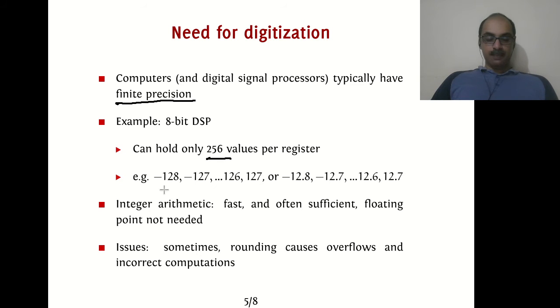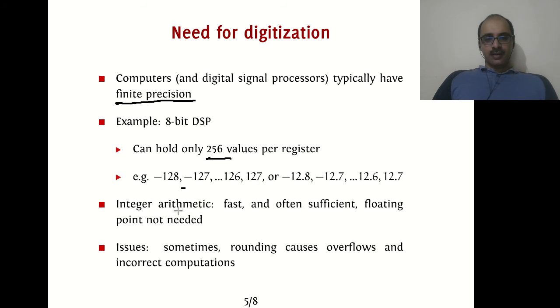So, for example, you can only store the values -128, -127 and so on up to 126 or 127, which are 256 values. Or if the scaling is not sufficient, you can then represent them as -12.8, -12.7, up to 12.6, 12.7. So this is all you can do. Of course, modern DSPs do have the capability to perform floating point operations, but that comes at additional cost and complexity and is best avoided when you need high-speed applications.